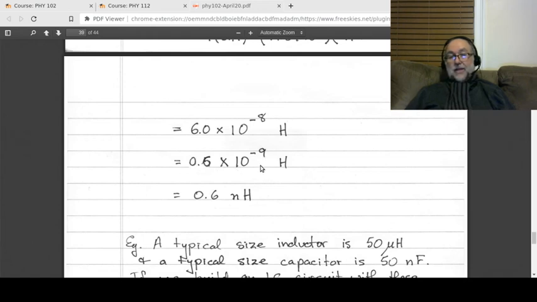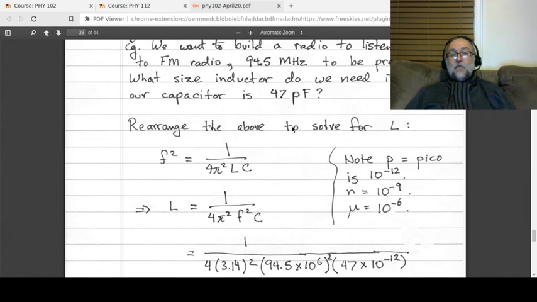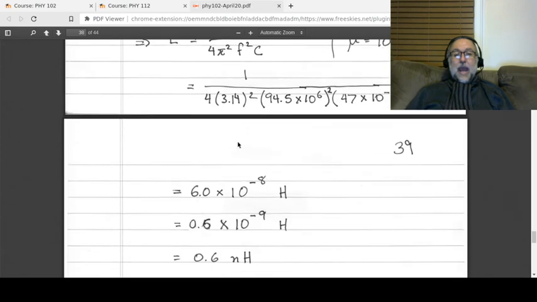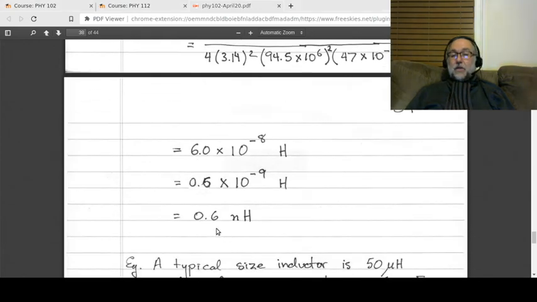So it's 0.6 times 10 to the minus 9 henries, and 10 to the minus 9 is a nano, so it's 0.6 nanohenries. Okay, and so if you take a 47 picofarad capacitor, which you can actually buy, okay, 47 picofarad seems to be one of the standard size capacitors, and you put it in series with a 0.6 nanohenry inductor, you would be tuning into 94.5 FM. Okay, that's kind of cool.